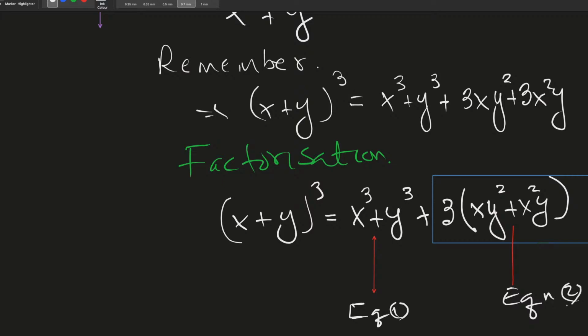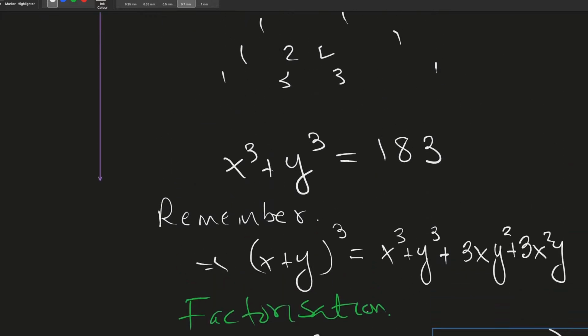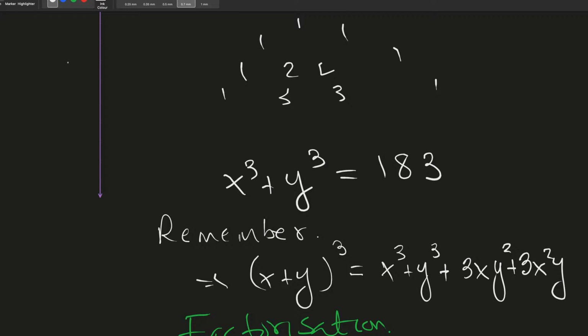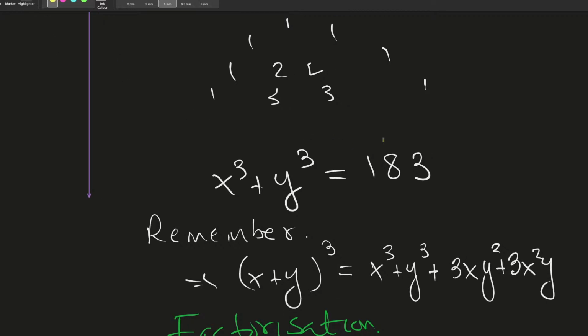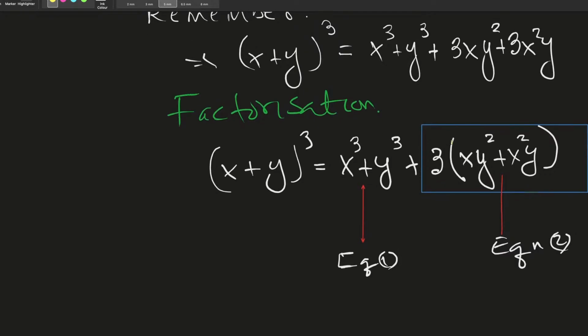And when we look at it, we know that x cubed plus y cubed will always give us 183, as we saw. Look, let me go back there. This is 183. So all I have to do is, wherever I see x cubed plus y cubed, I put 183. So I'll put over here 183.